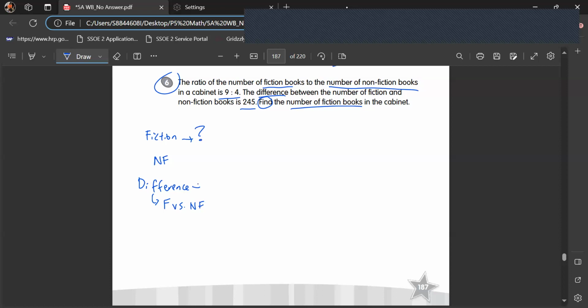Difference is given, difference is 245. I think for this one either ratio or model can work, because the ratio is given, so the unitary is easy to see. You can draw the model or you can do it by the ratio method. Both will work.